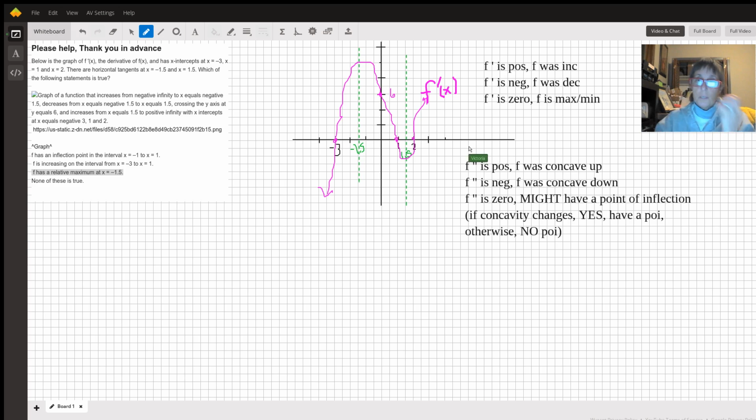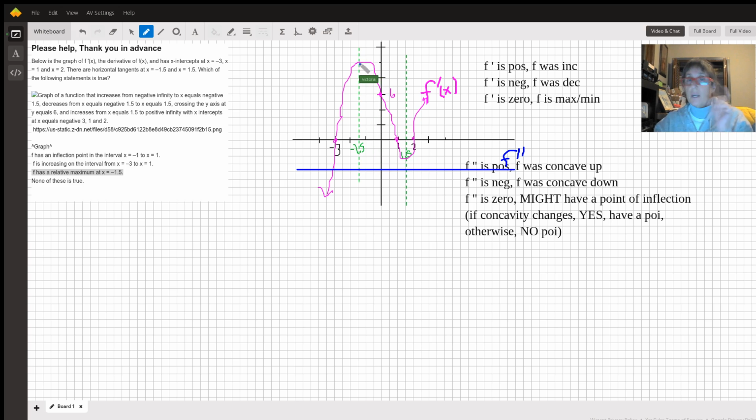Okay, so think about this. I like to draw what I call a sign line. This is going to be my second derivative. Remember, it's as if this was my original now, and I'm taking its derivative.